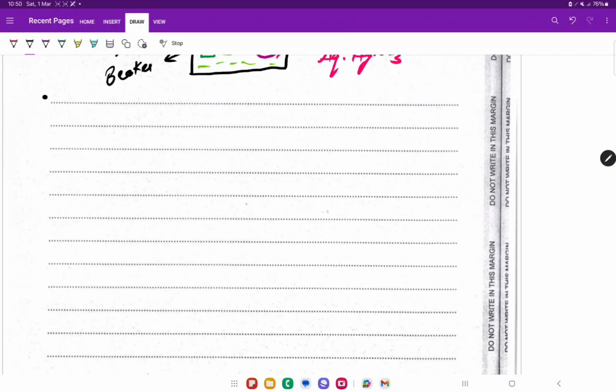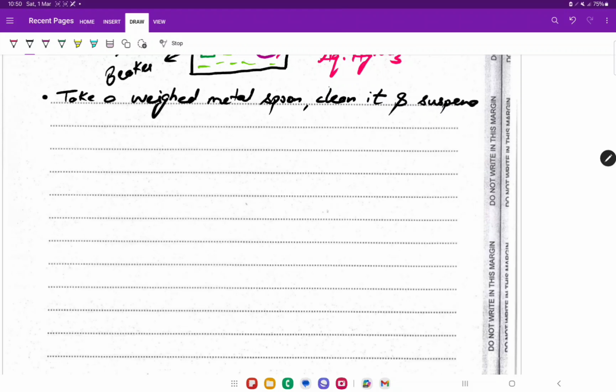The first pointer is: weigh the metal spoon, clean it, and connect it. How will you clean it? Clean it with the help of sandpaper, and suspend it in the beaker.